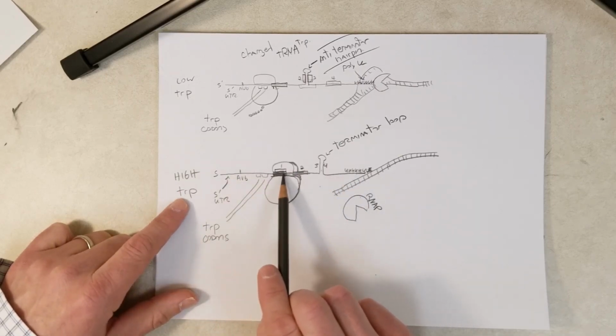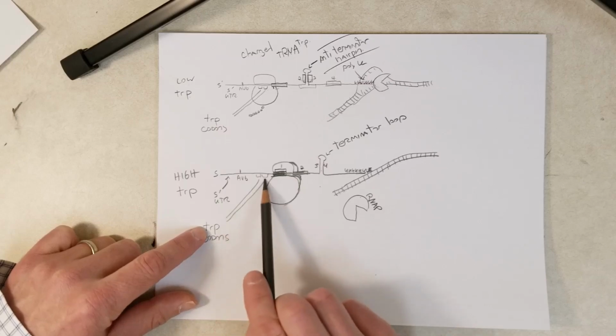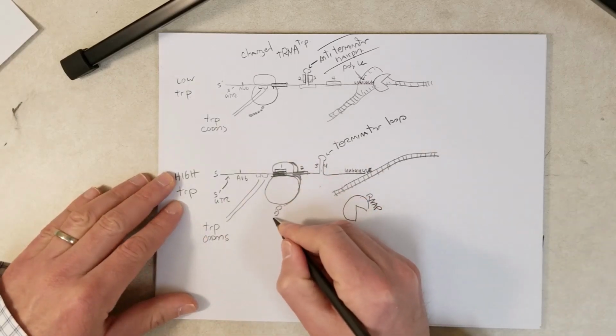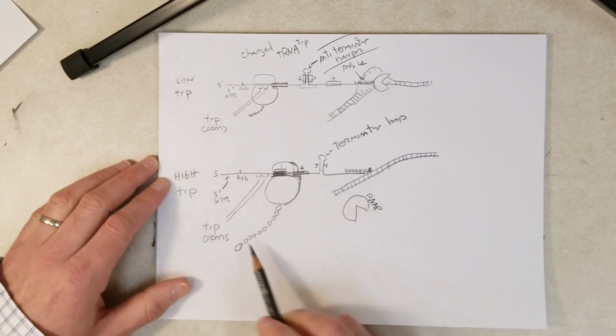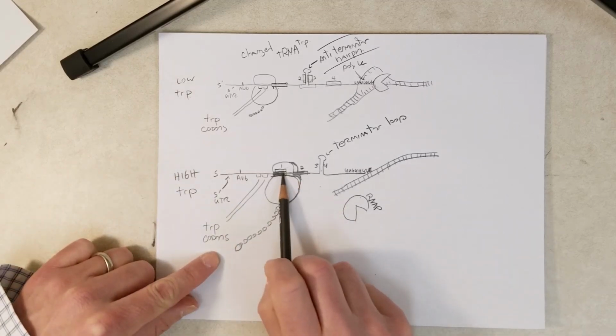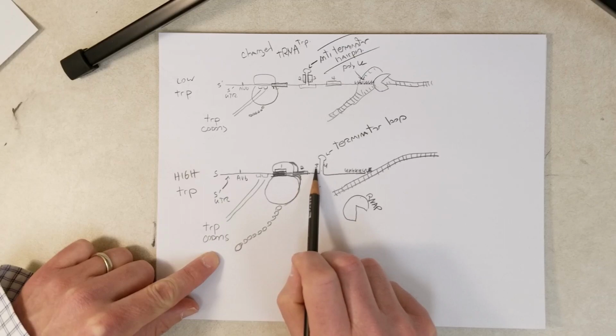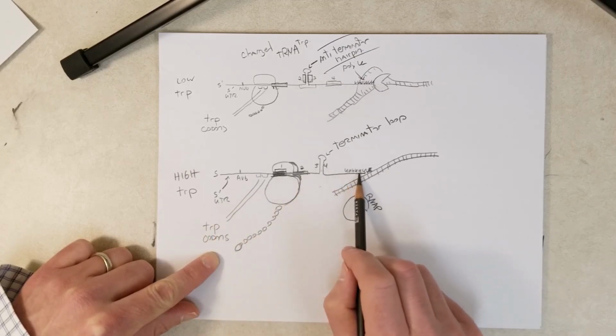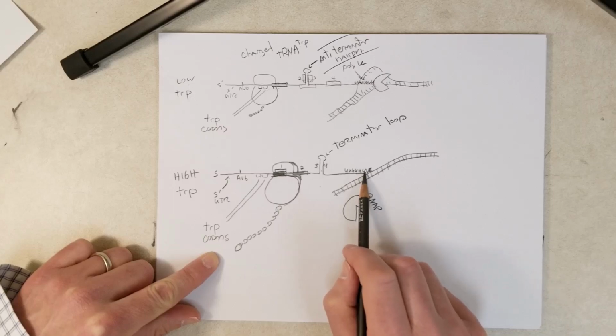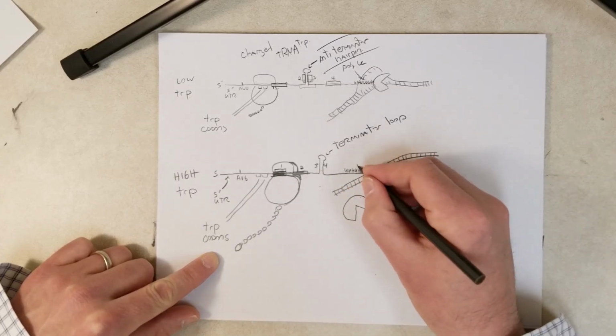The ribosome hops on, blows right by the tryptophan codons, is able to incorporate tryptophan into this growing peptide, and it occupies regions 1 and 2, allows the terminator hairpin loop to form, and that causes RNA polymerase to dissociate after transcription of this poly-U region.